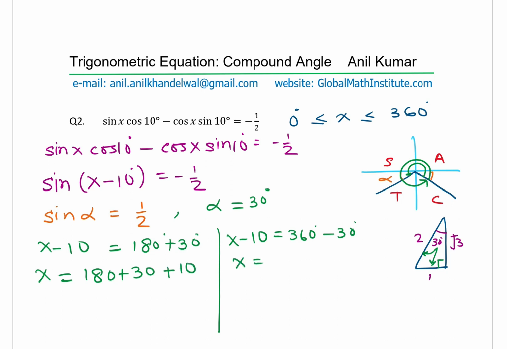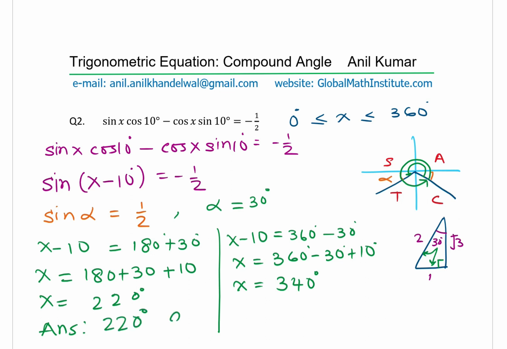So x is equal to 360 degrees minus 30 plus 10, and that gives you the value of x as, when you add 40 to it, 220 degrees, and here we get 340 degrees, correct? 330 plus 10, 340 degrees. So we have our answer. Both the answers are within our limits, which is 220 degrees and 340 degrees as the value of x.